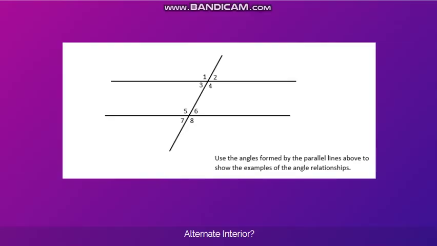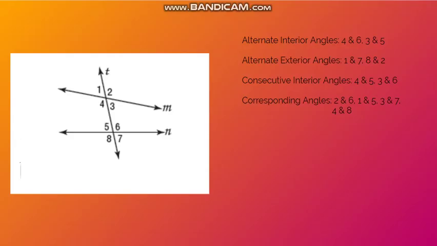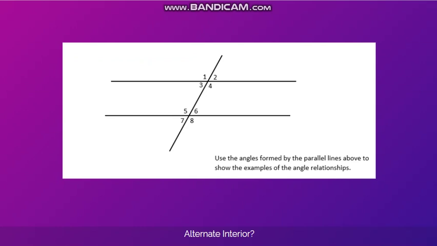So this gets slightly more complicated when we're dealing with parallel lines and a transversal. When a transversal cuts through parallel lines, it still creates all of these relationships. These relationships are created no matter what the lines that the transversal cuts through are like. But when those lines are parallel, now we have a special relationship.